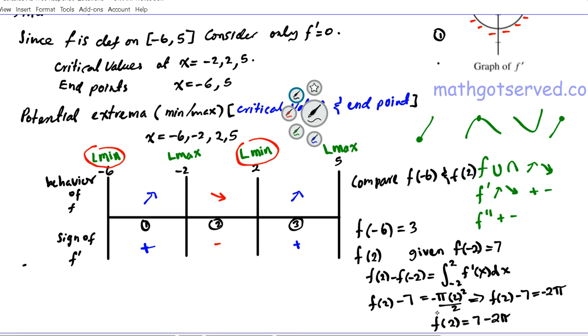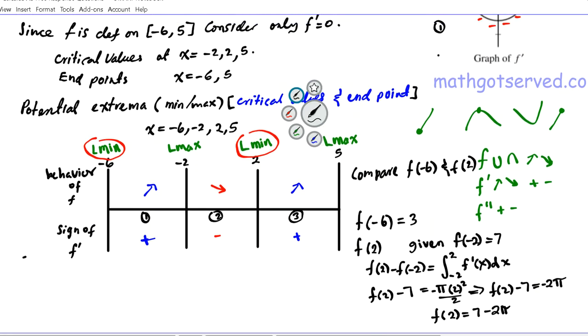So which one is smaller, 3 or 7 minus 2 pi? 2 pi is about 6.28, so 7 minus 2 pi is about 0.7, which is much smaller than 3. Since this is smaller, this is going to be our absolute minimum.